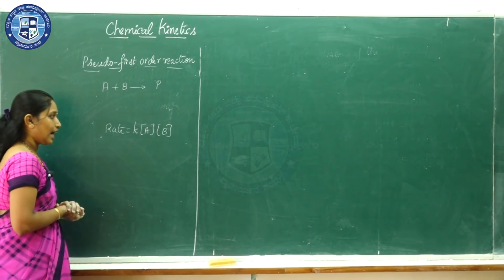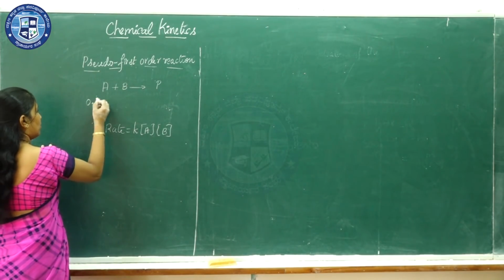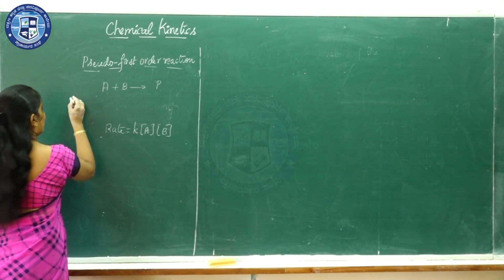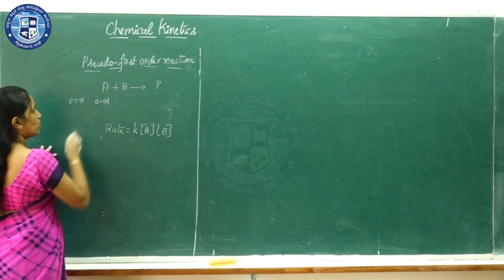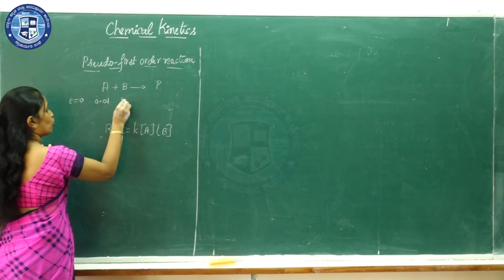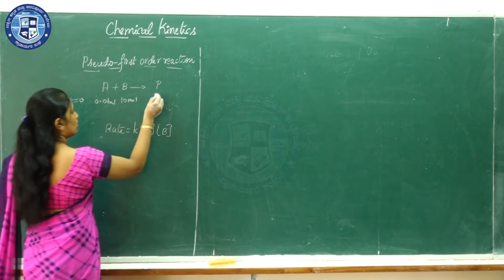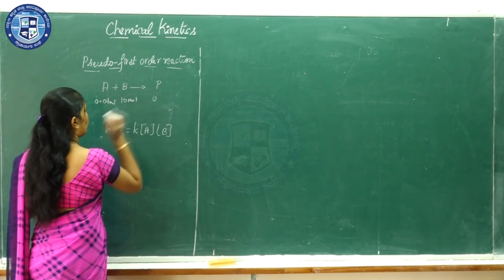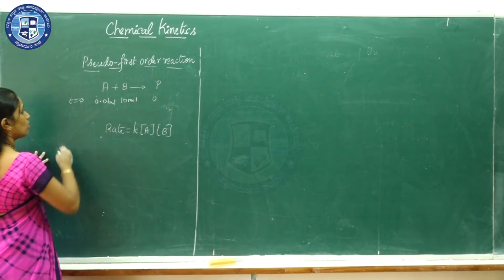Suppose I give you an example. At time t is equal to 0, concentration of A let it be 0.01 mole, concentration of B let it be 10 moles, and the product let it be 0. When the reaction has just started, the product is not there, so it is 0.